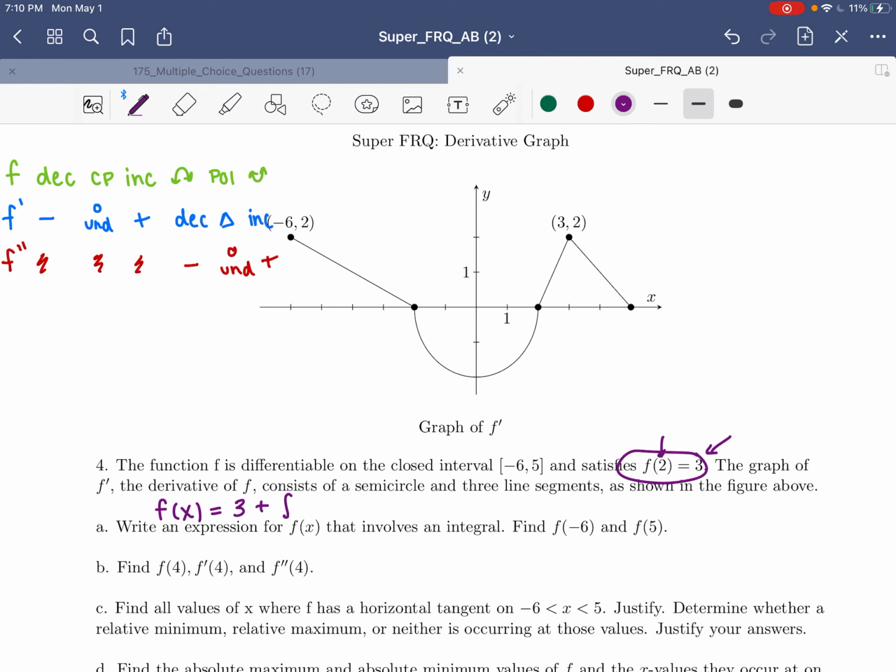The x value that goes with this 3 is a 2, so that's where we start, up to x of f prime of x dx. Basically, we're just writing a formula to show you can plug in any x value, and that's what you're going to use to find it.